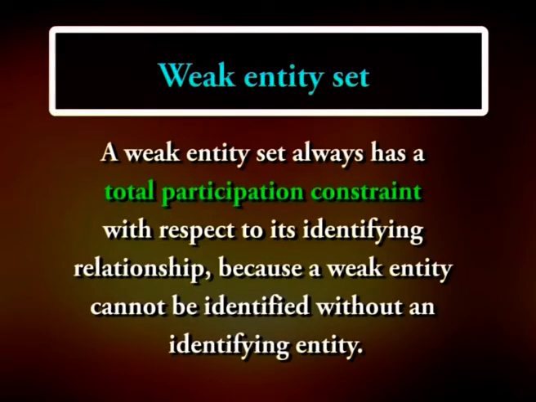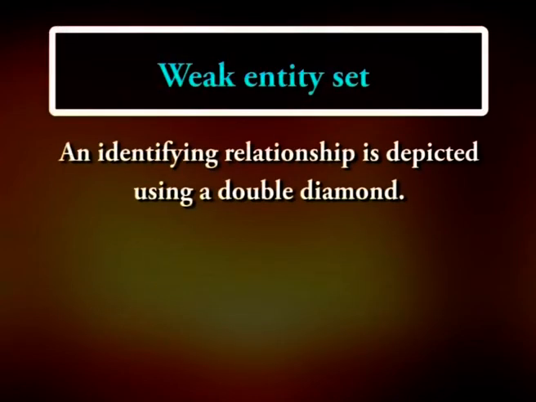A weak entity set always has a total participation constraint with respect to its identifying relationship, because a weak entity cannot be identified without an identifying entity. Thus, in weak entity set, an identifying relationship is depicted using a double diamond.